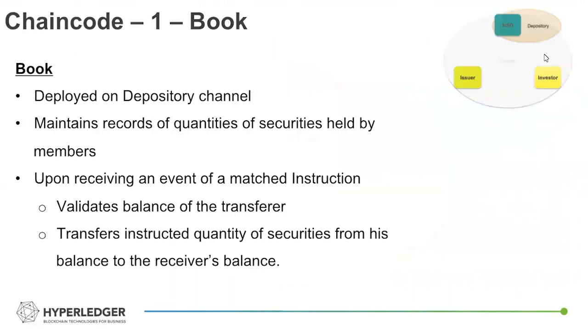So in terms of chaincode, the smart contract logic employed on the network, one of the smart contracts was book. This was deployed on that depository channel and was essentially in charge of maintaining the records of the various quantities held by each member, and was updated upon receiving events for securities transfer.